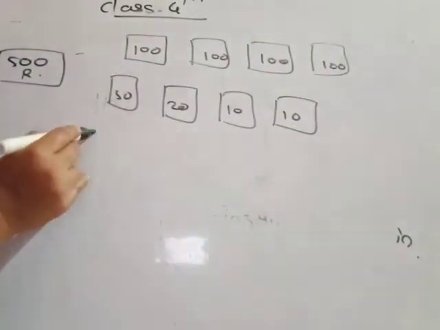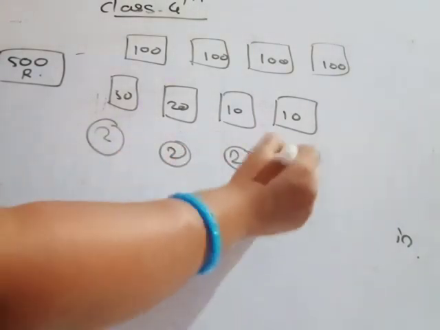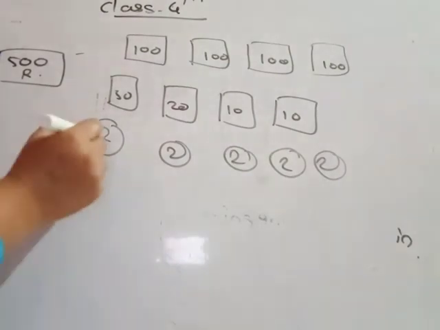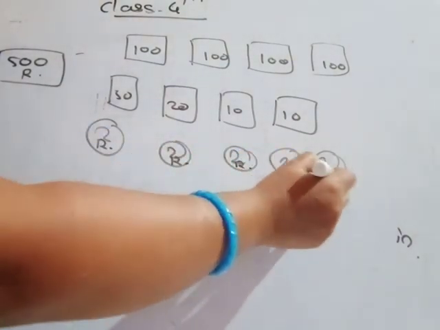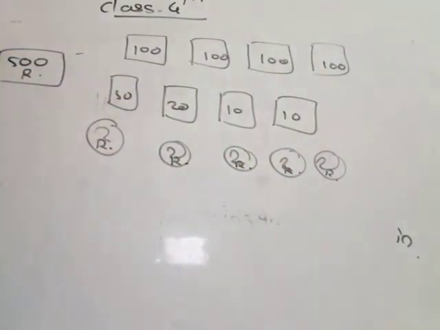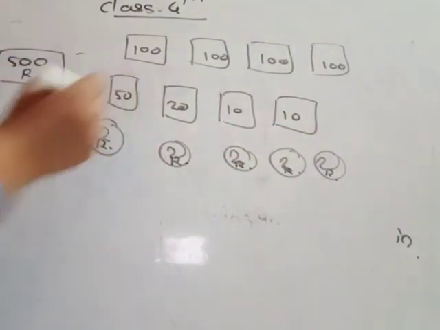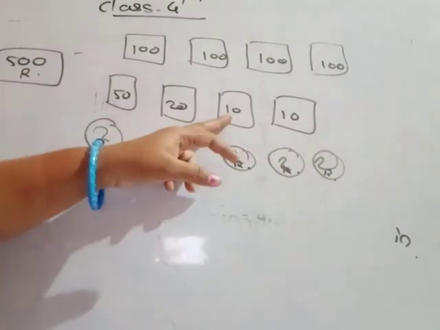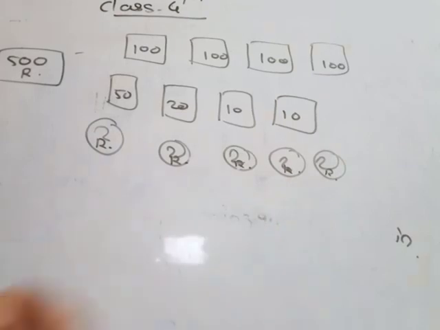And here 2 rupees coins, how many? 5. These 4 hundred notes means 400. Then 1 fifty note, 50 plus 20, 70 plus 10, 80, 80 plus 10, 90, and 5 two rupee coins means 10 rupees.